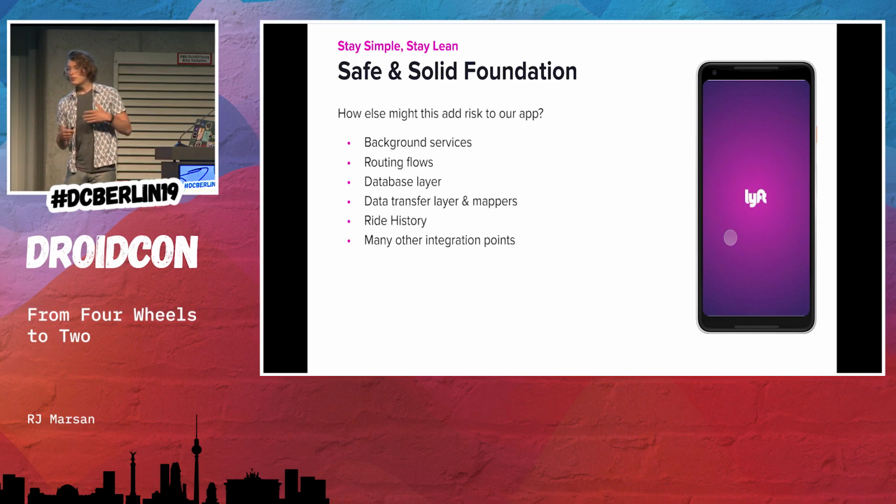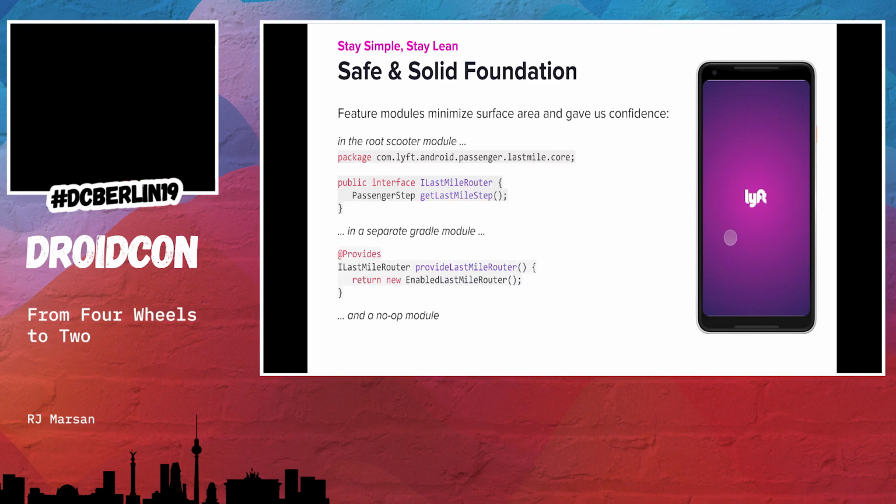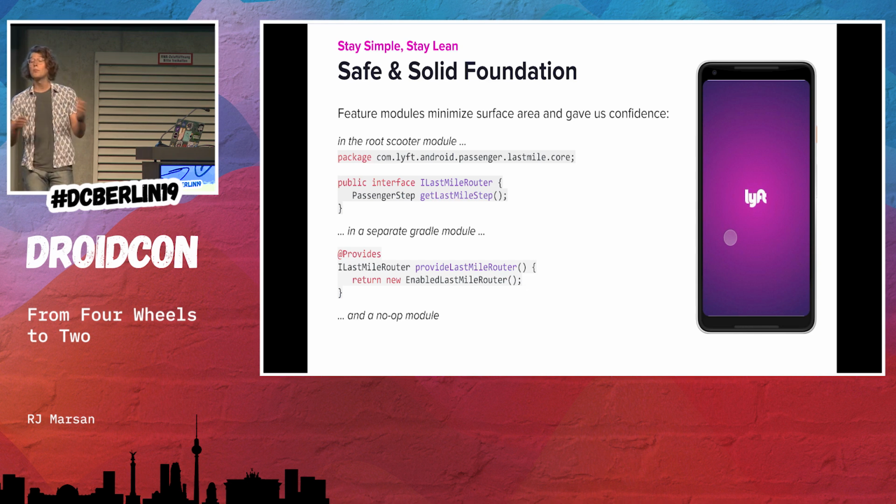For us, uniquely, we had things like ride history and we had settings. They were spidered about the app. But we couldn't build fast and effectively if we didn't have a safe place to live in. So we took feature flags one step further, and we used feature modules. A feature module, in a lot of ways, we're talking about Gradle modules here, but we had one module that just defined in an interface everything our feature could do and how it could interact with the rest of our code base.